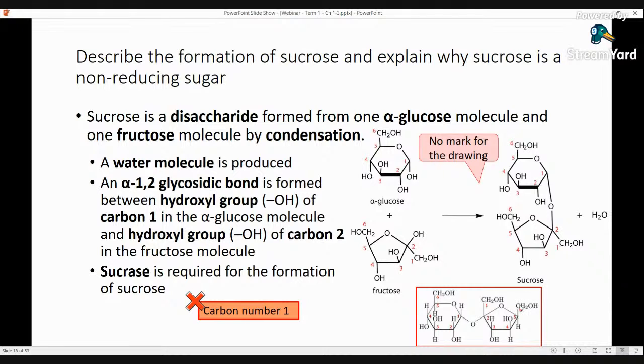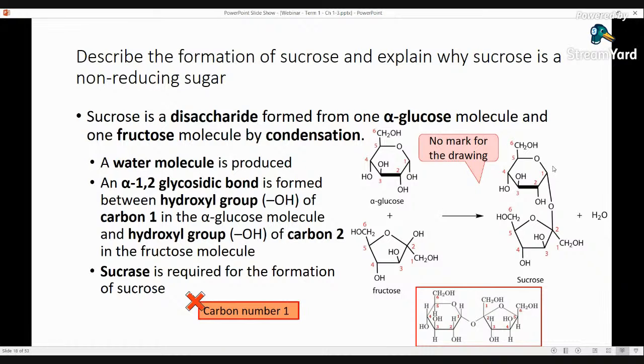Maybe students prefer to use this diagram, but they must understand that when using this diagram, the fructose molecule is mirror-arranged, so the carbon 2 is at this side. Don't get confused, here it becomes carbon 5 for the fructose.